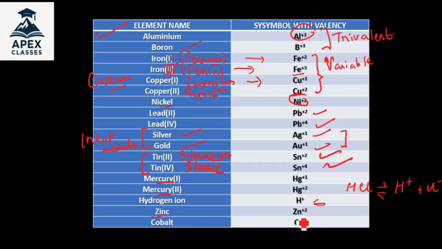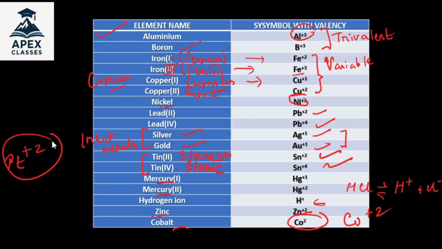Zinc will be Zn plus 2 and cobalt will be Co plus 2. Now see, one thing I forgot to add over here, that is platinum, Pt, PtCl2, platinum chloride, this is important, so please note it down.